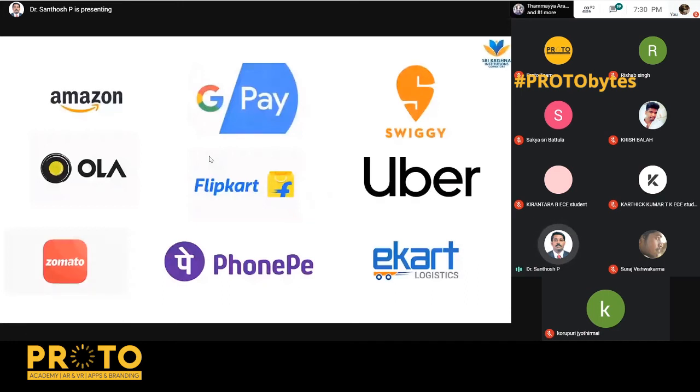So what is this? Amazon is there, Flipkart, GPS, Swiggy. What is this, you may ask. See, without these, we are not doing anything nowadays. For making payments, for buying things, from food to transportation to payments, everything is done through this Internet of Things, that is, through your internet. Fine.